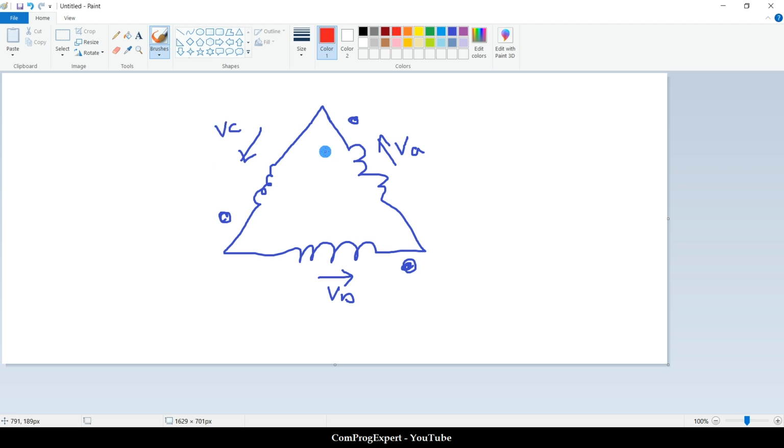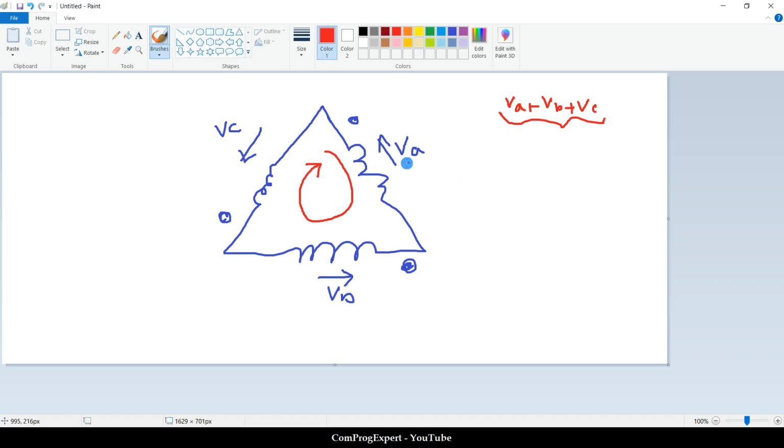So if I write the KVL equation for this loop, we have the summation of VA plus VB plus VC. We have resistances and so on. When this summation is 0, we don't have circulating current in the delta loop.